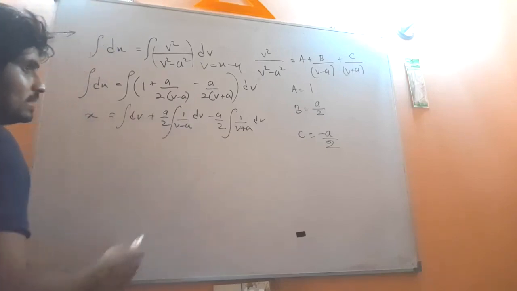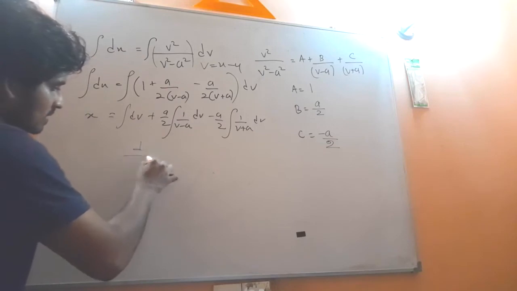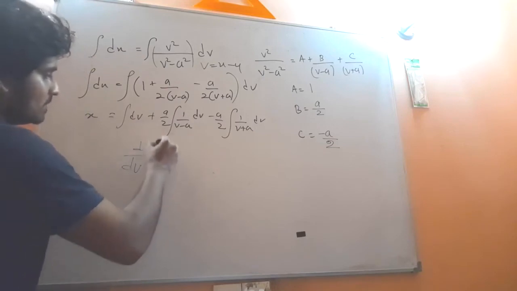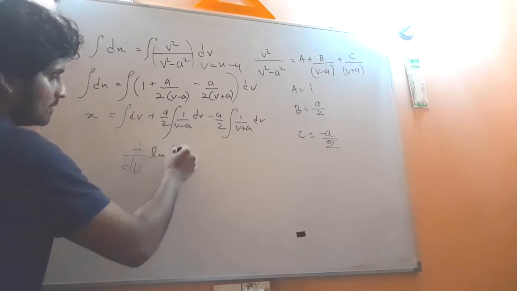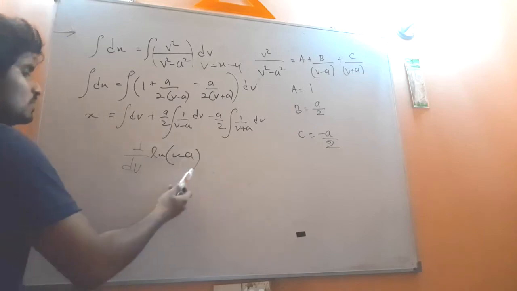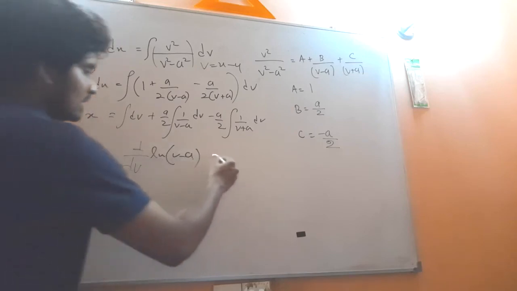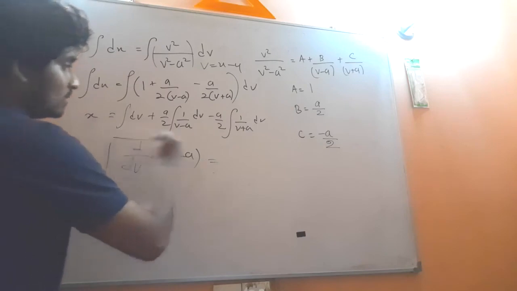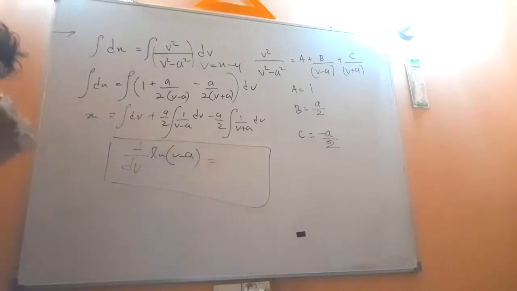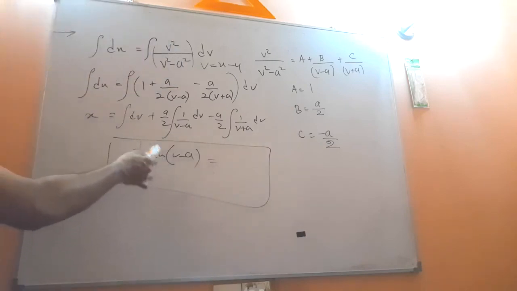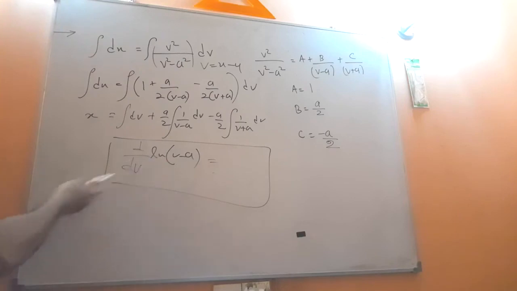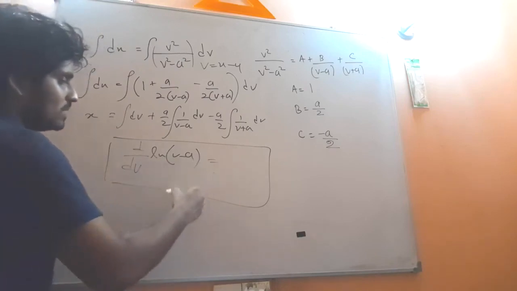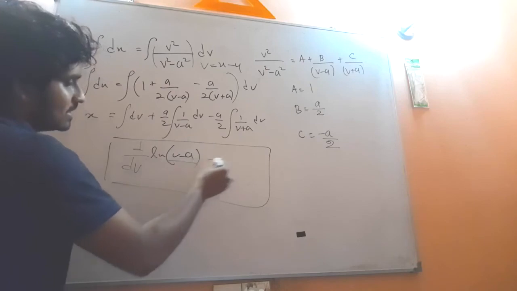So then let's do something like this. Let's evaluate d by dv of ln v minus a. Let's say we are going to differentiate this, right? This is something extra knowledge that you have to do from your mind, right? D by dv of ln v minus a. So what is the answer for this differentiation? That is 1 over the thing that is written there inside the bracket.